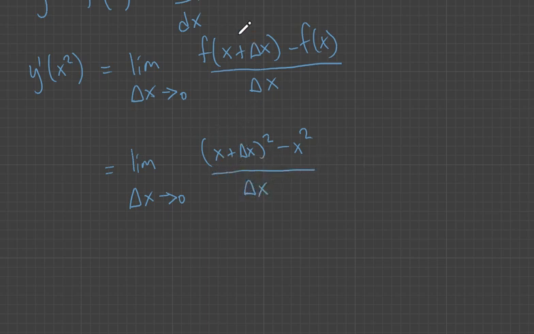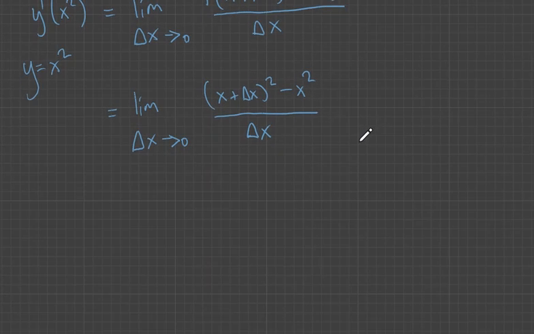And I got this just by plugging this directly in place of x squared. If y equals x squared, this goes into here and gets evaluated, and that's what you get. And then this gets put into here and it's evaluated here.